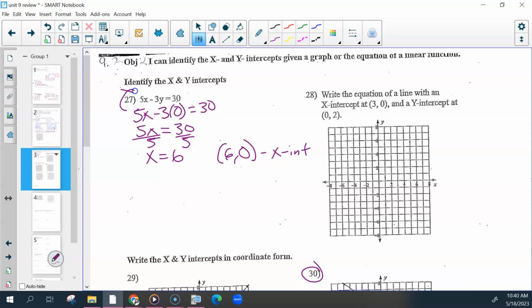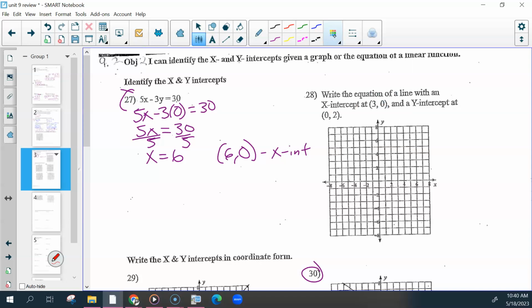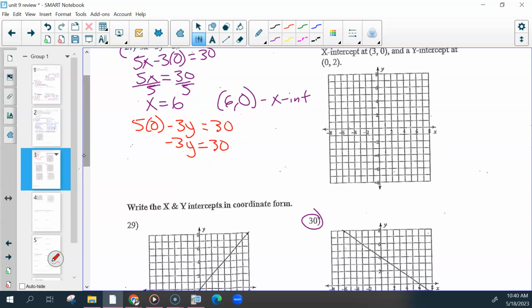And then we would do the same thing for y. But now we're putting 0 in for x and solving for y. This first term is just going to become 0, so you don't have to bring it down. So set negative 3y equal to 30 and solve for y. Divide both sides by negative 3.